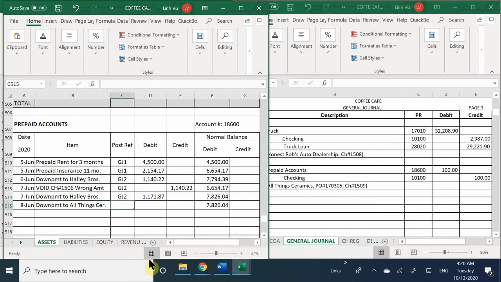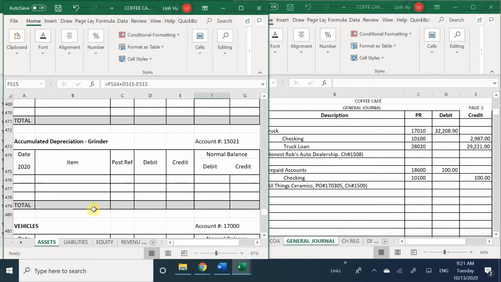General journal number 3. And I've increased it by $100, which should make my account balance go from 7,826 to now 7,926. Okay, you increased it by $100.